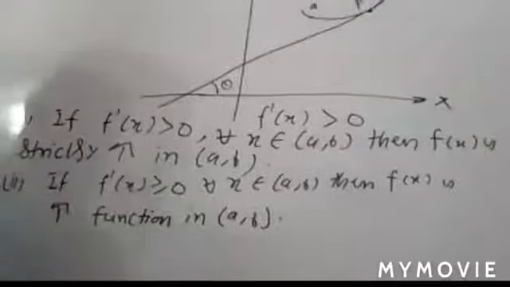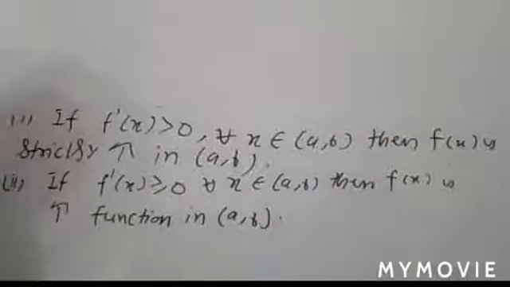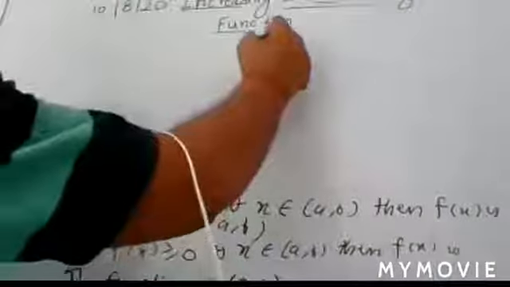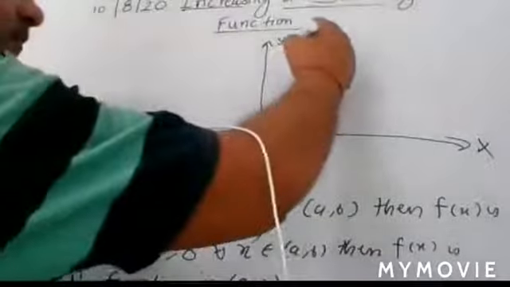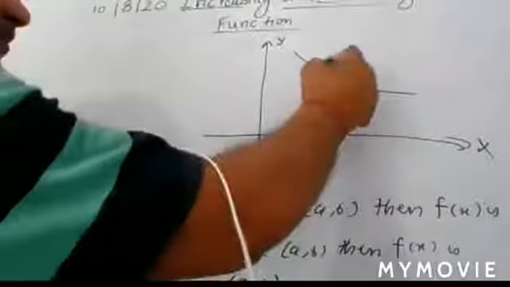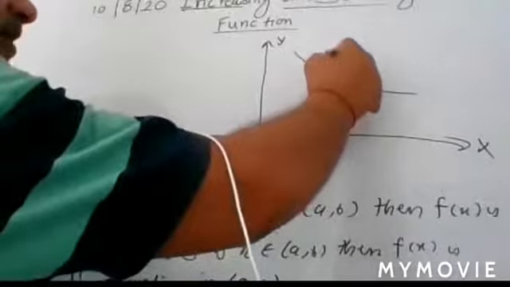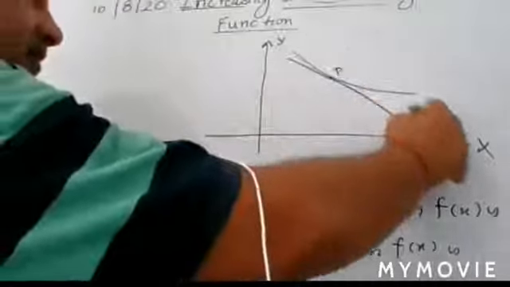Let me draw the graph to build up the concept of why the derivative is negative for a decreasing function. Here you have the x-axis and y-axis, and you draw a graph which is a decreasing function. You take any point P on it and draw the tangent to it.